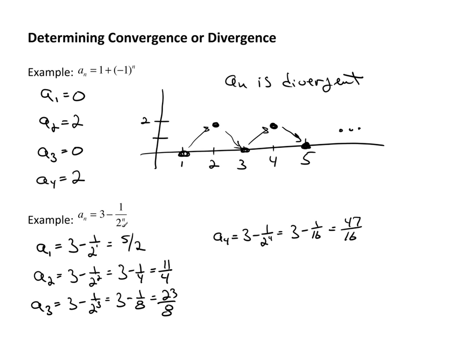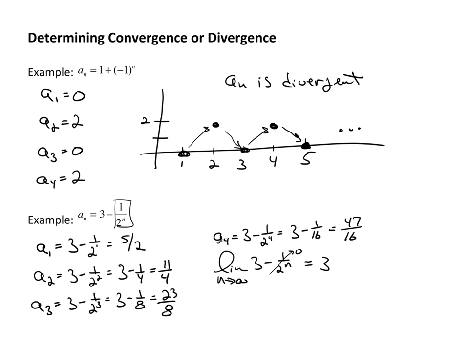As n gets bigger and bigger, I'm actually subtracting off a smaller and smaller piece. So eventually I'm going to get really, really close to 3. If I think of this in terms of a limit, the limit as n goes to infinity of 3 minus 1 over 2 to the n, clearly this goes to 0 in the limit, so this is actually equal to 3.